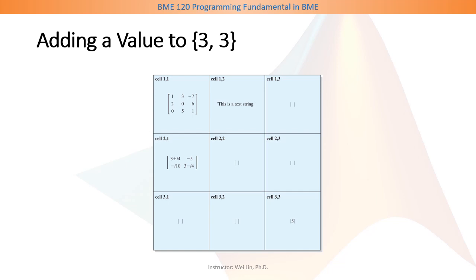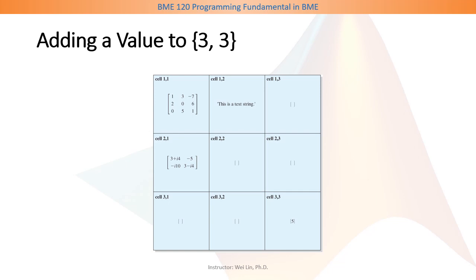You can treat a cell array as a regular array. For example, here we want to add a value to the third row, third column of a cell array. This is the example from the previous slides, where we have a cell array of 2 by 2 elements.